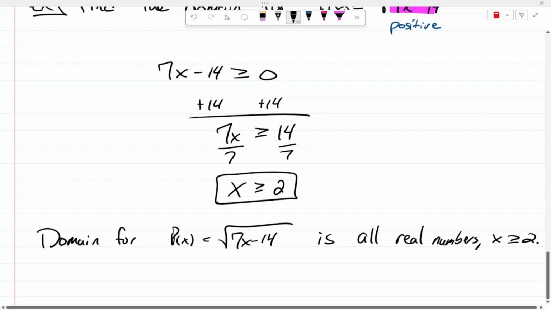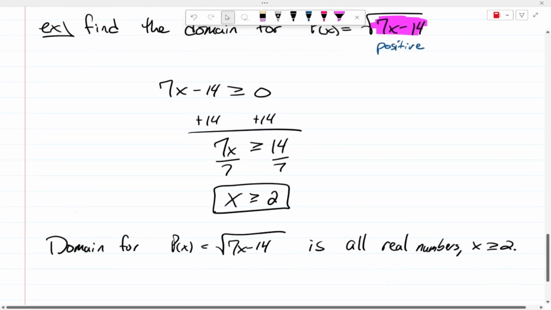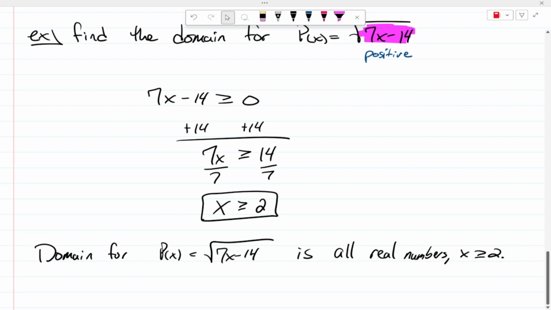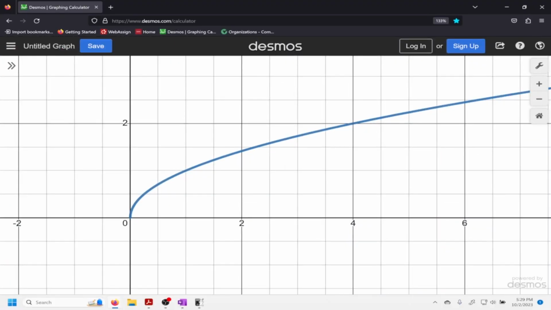Now, let me show you how and why this makes absolute sense. Now that we know the only independent values we are allowed to use are going to be the number 2 or larger, watch what happens when you graph this. So here's Desmos again.